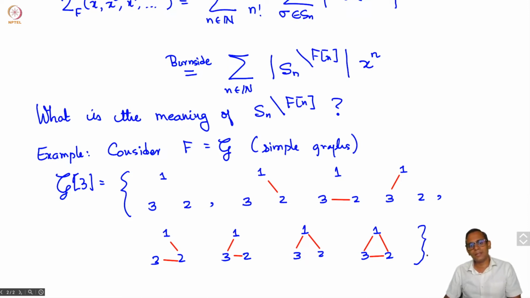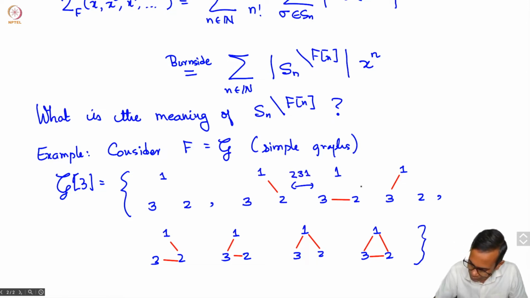To say that two graphs are in the same S3 orbit means that I can relabel the vertices of this graph using some permutation of n, so that I can go from one to the other. So for example, if I relabel 3 to be 1, 1 to be 2, and 2 to be 3, then these are isomorphic. Under the permutation, 1 goes to 2, 2 goes to 3, and 3 goes to 1.